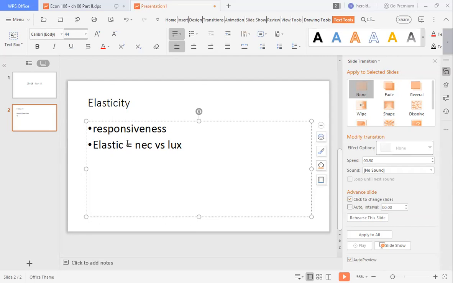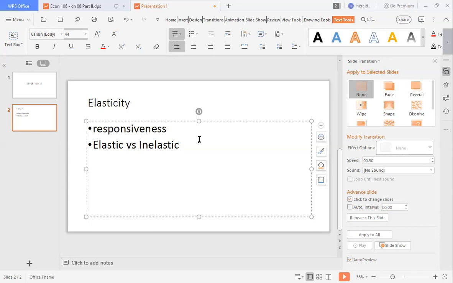Let me just organize this. Inelastic, right? These two terms are what we always refer to when it comes to elasticity, so let me define them first. Elastic goods are goods for which consumers are very responsive to the price changes.